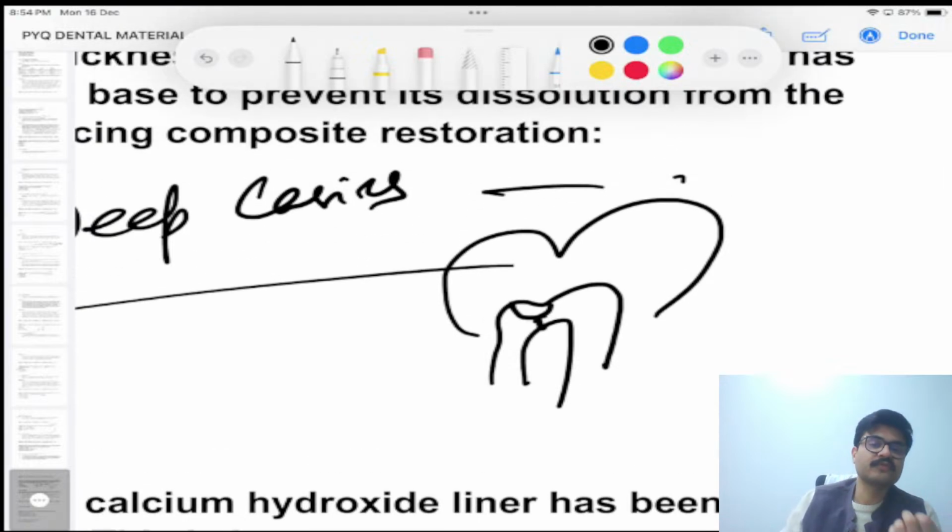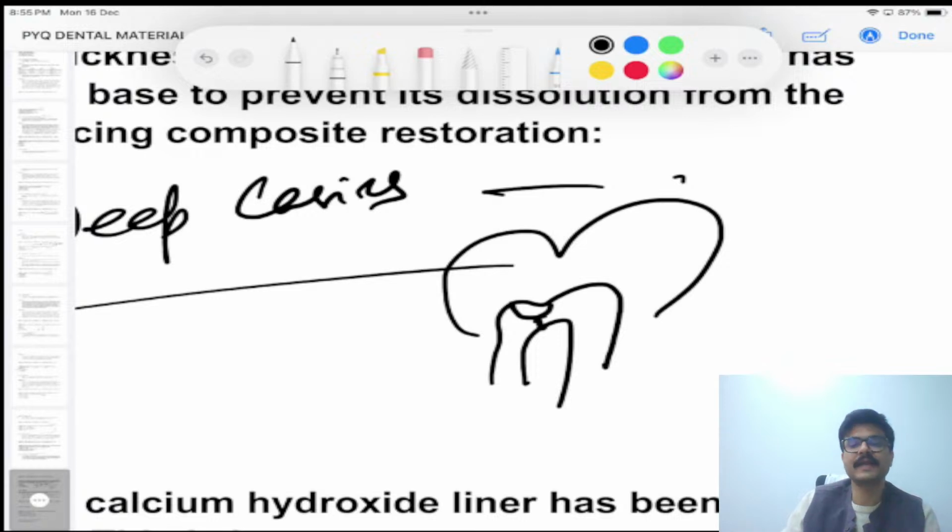So there might be a microscopic exposure of the pulp. Traditionally, what do you apply? Dycal or calcium hydroxide. Obviously, in modern day you can use Biodentine or MTA. So the examiner himself is saying that you apply Dycal, right? Dycal is the most soluble cement in water. So if you want to do a composite restoration, you want to protect it from getting dissolved while you're doing acid etching.